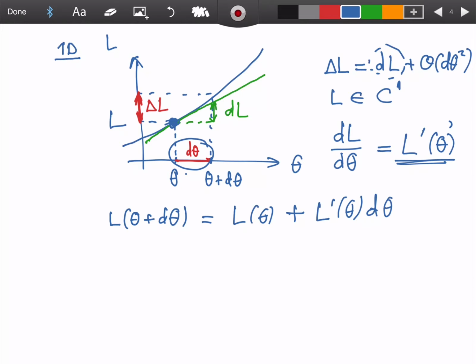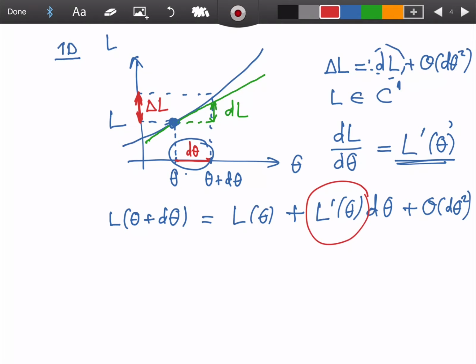It's a linear function, plus some residual that depends quadratically on d theta. And this is called the first order Taylor expansion. You can think of it as an alternative way to define this notion of a derivative. So the mathematical object that goes here is called a derivative.